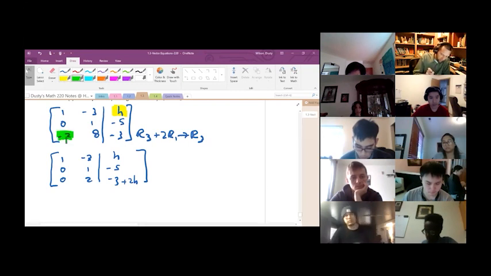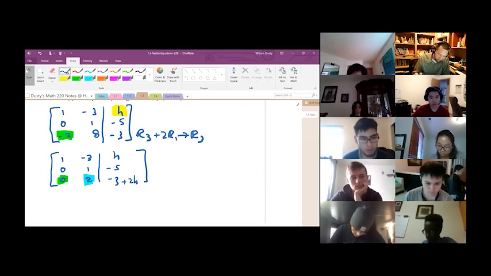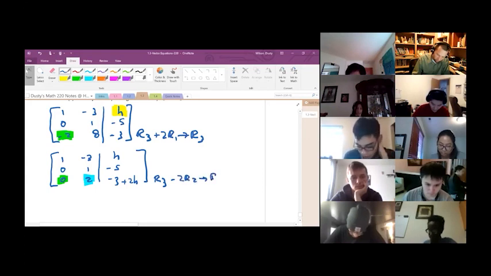We took that -3 and turned it into a 0. Now we need to take on that 2 and try to get that 2 to be a 0. So we'll have row 3 minus 2 row 2 to row 3.